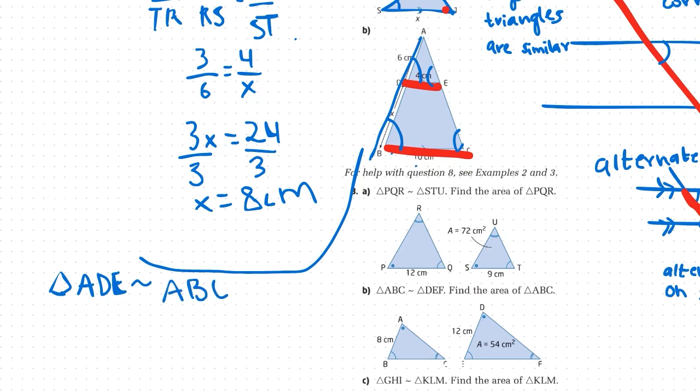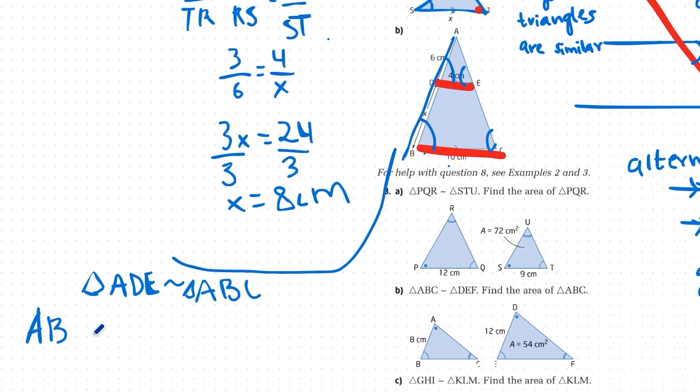That is the order, correct? Triangle ABC. Now I write the statement. Oh, I forgot the triangle here. So ADE.